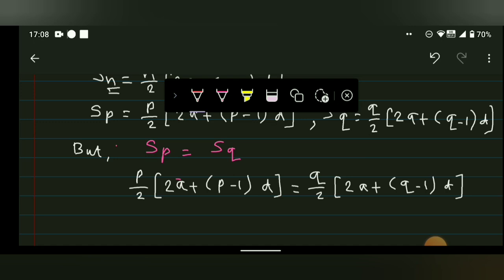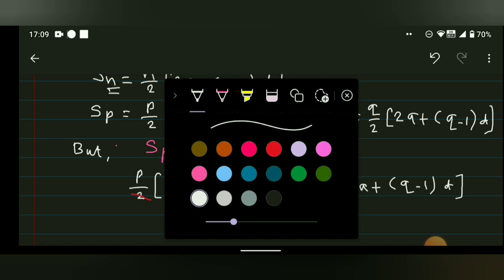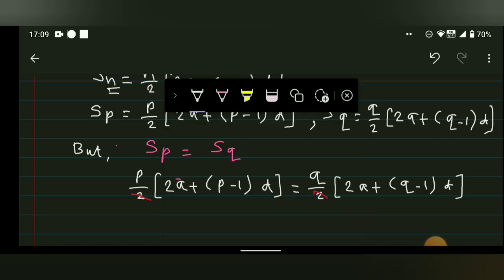Now we have a very simple calculation part. Both 2s in the denominators, from both sides, cancel each other. So now we are left with p and q outside the brackets. Our target is to multiply p inside the bracket as well as q inside the bracket.